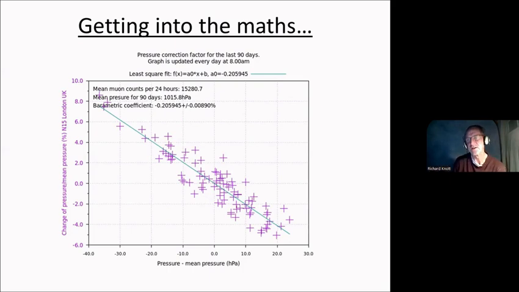What I haven't done at this moment is to use this value here, minus 0.20 percent per hectopascal, to then correct what my muon counts were for that particular pressure range. This value of minus 0.20 correlates quite well with other published values of the barometric pressure. And so this is a work in progress.